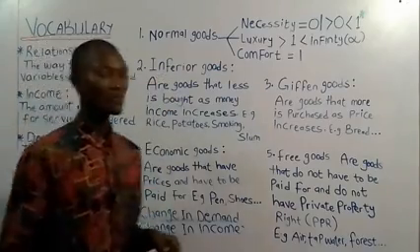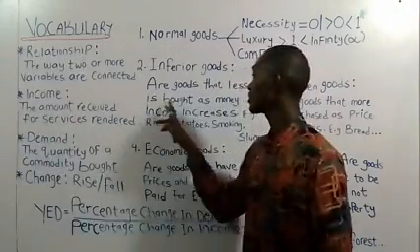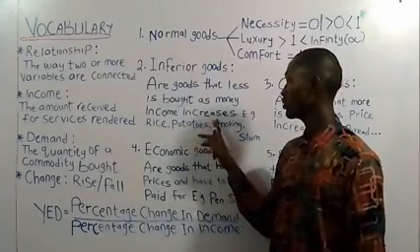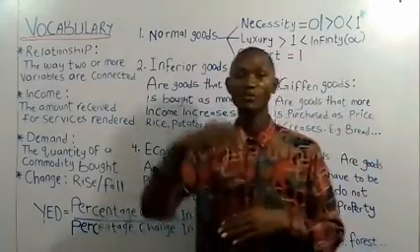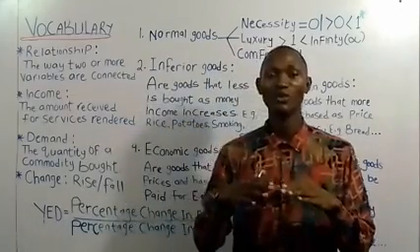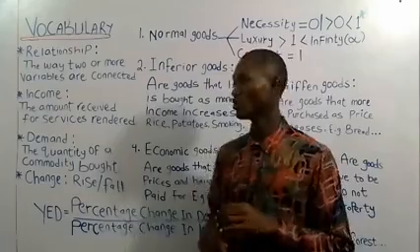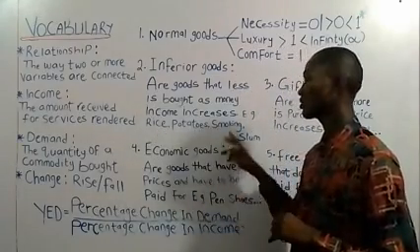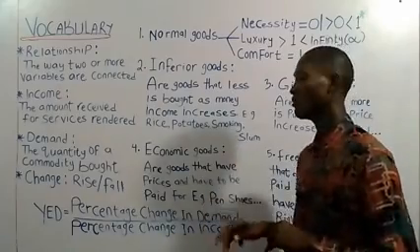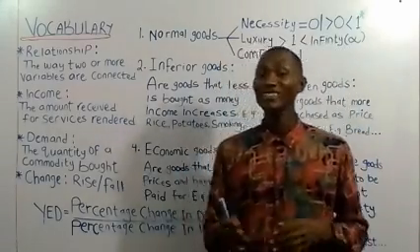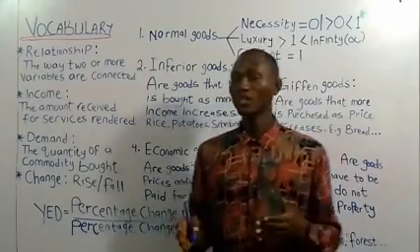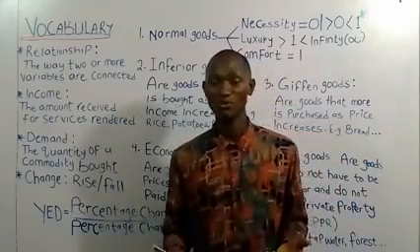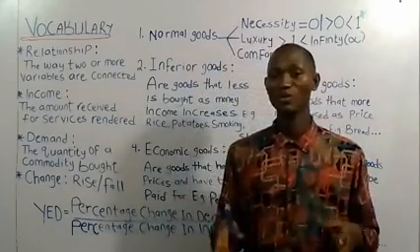Inferior goods. Inferior goods are goods that less is bought as money income what? Increases. So as your income increases, you tend to buy less of what? Inferior what? Goods. And a good example is rice, potatoes, smoking, slum, and all that. And it is claimed that a larger quantity of inferior goods is bought by people who have a very low level of what?